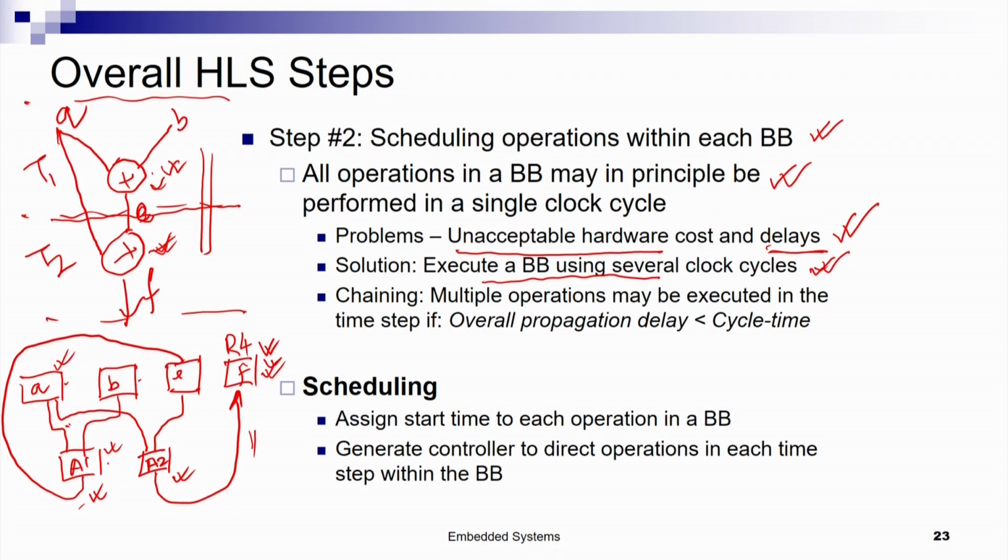The other side of this problem is that, let us say we have a clock, and this clock will not be exciting only a single basic block. The same clock will possibly be provided to multiple basic blocks. So, we will have a fixed clock step size for all basic blocks.